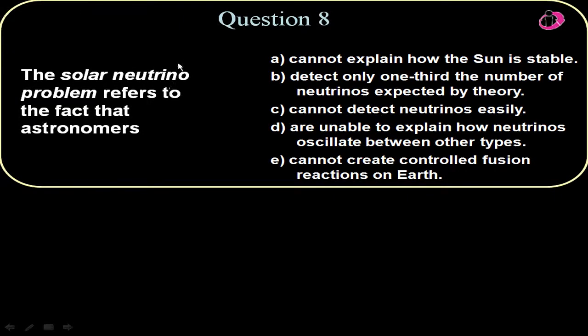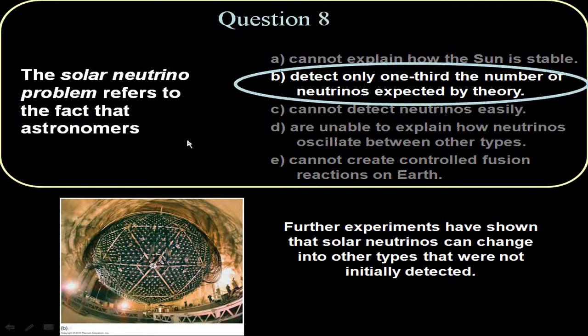And in fact, only 1/3 of the number that were expected by theory were being detected. The solution being that they are changing form from one kind of neutrino to another kind of neutrino in their journey to Earth. So the problem was that only 1/3 of the expected number of neutrinos were being detected, and the solution is that they are changing form before they get to us.